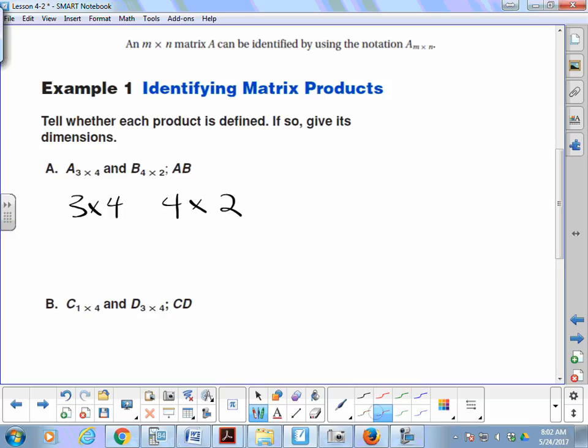These are the same, so I can multiply these two together, and my new matrix is going to be a 3 by 2. The new one is going to have these dimensions as long as these two are the same.